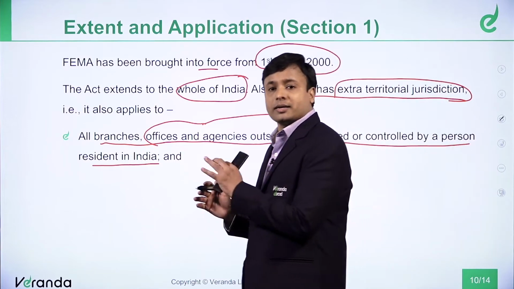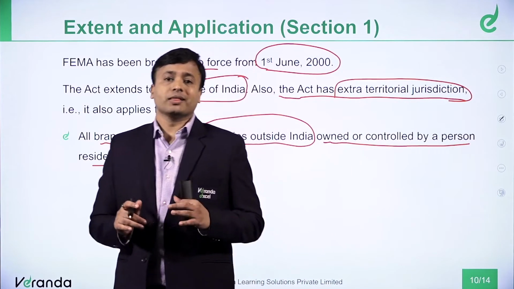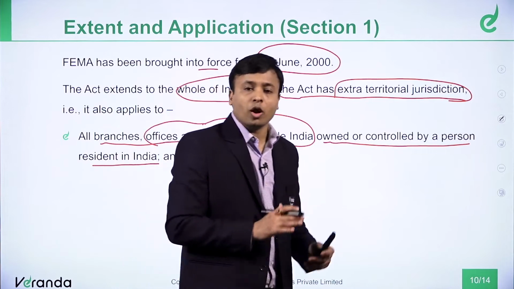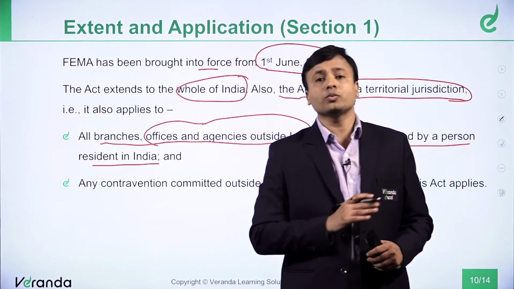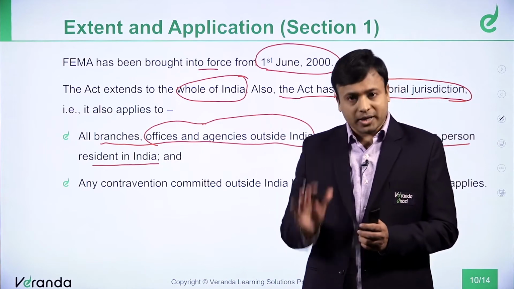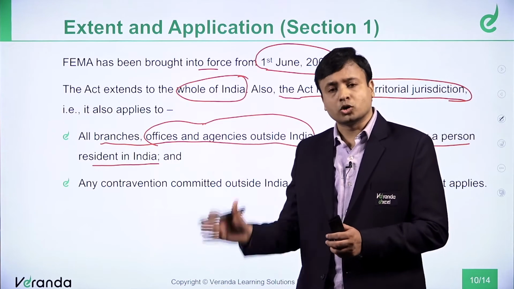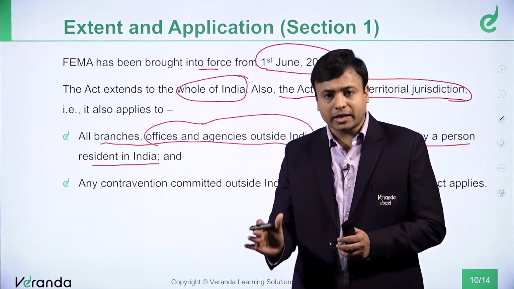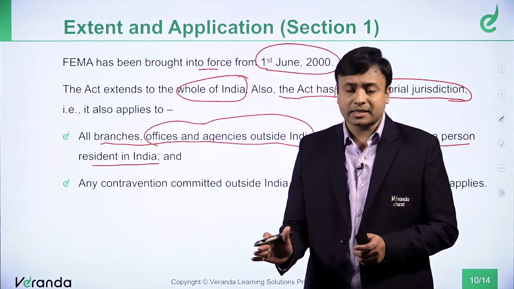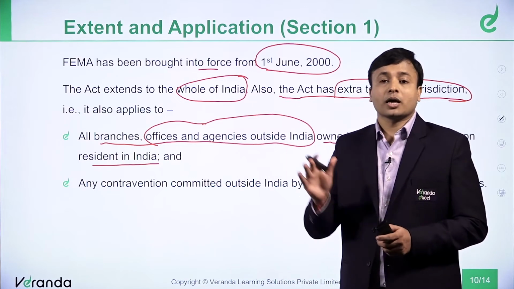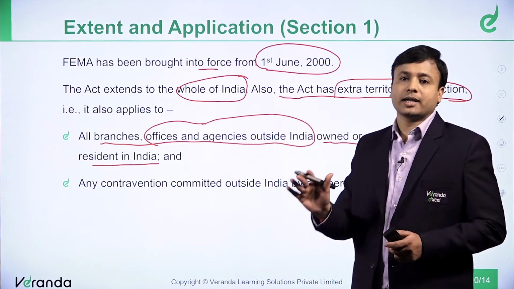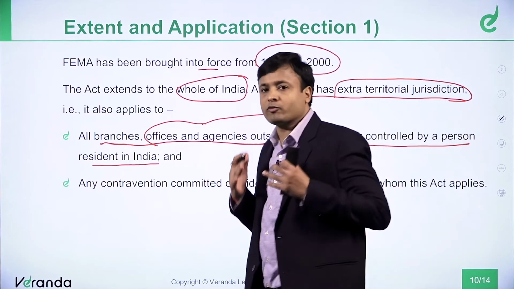So in a nutshell, this act applies to whole of India, plus it also applies to any branch, office, agencies outside India controlled by a person resident in India. That means always think from your angle.